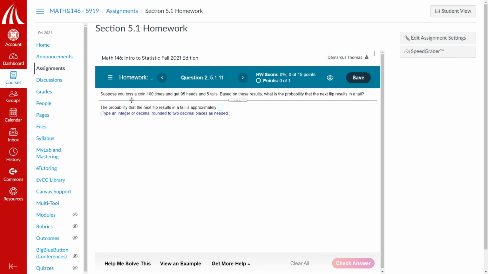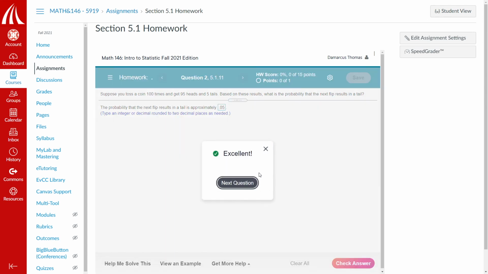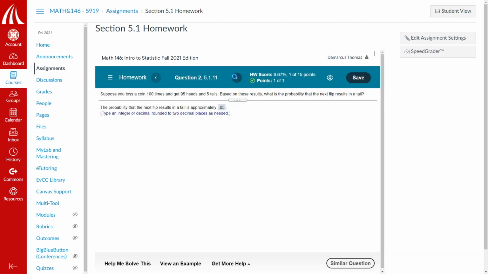It says, suppose you toss a coin 100 times and get 95 heads and 5 tails. Based on these results, what is the probability that the next flip results in a tail? I would say 5 out of 100 chance. I'll round that to 0.05, based on those results.